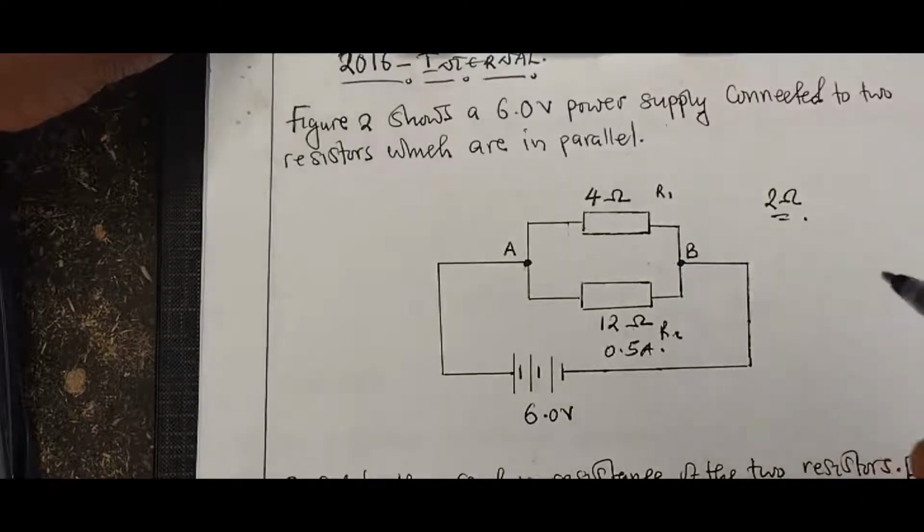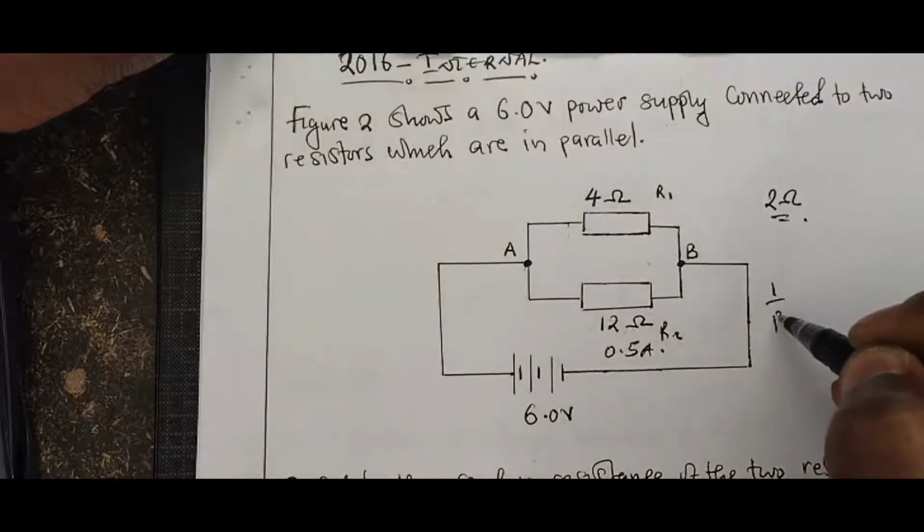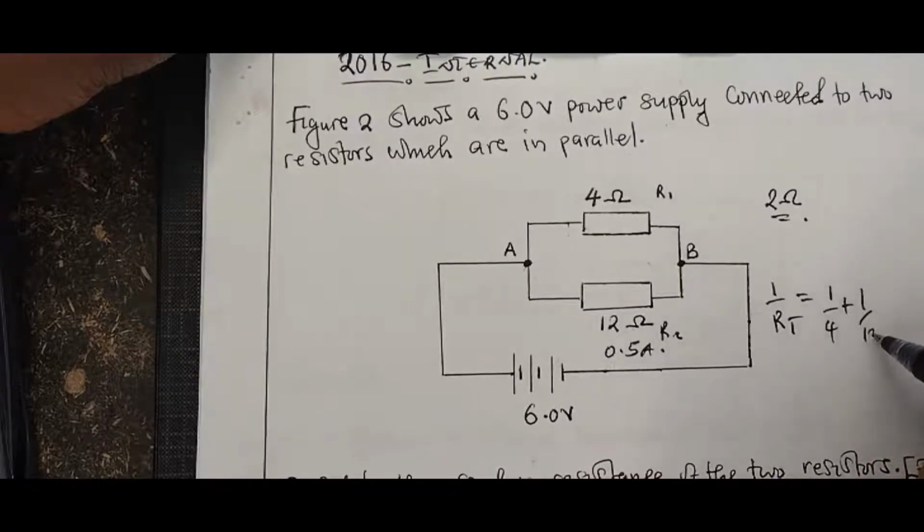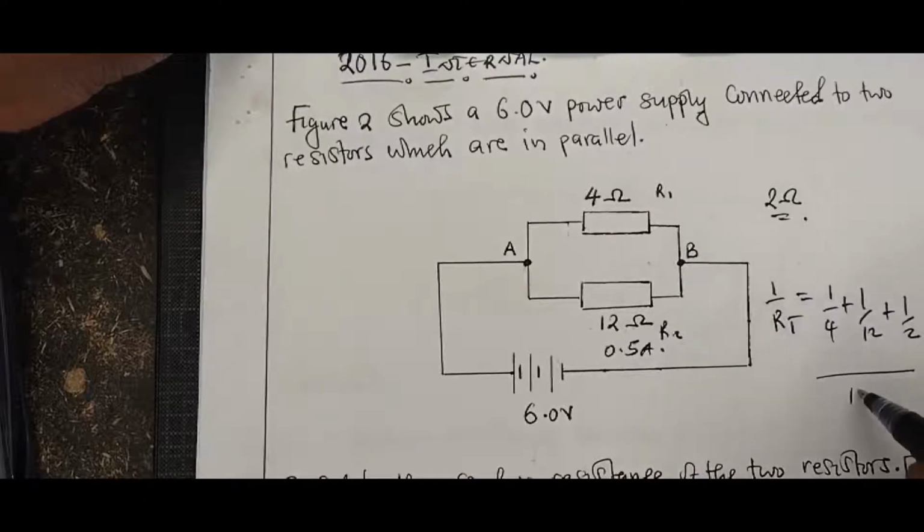Then if we are to find the total current, this time around we are going to use this formula. 1 over 4 plus 1 over 12 plus 1 over 2. Okay, common denominator 12. 12 divided by 4 is 3, plus 12 divided by 12 is 1, plus 6. So we are going to have 10 divided by 12.